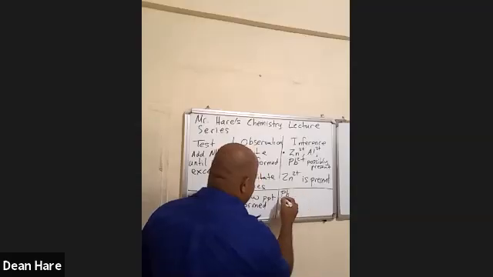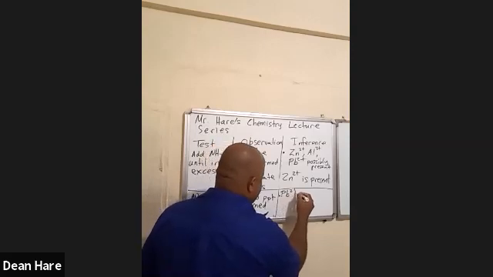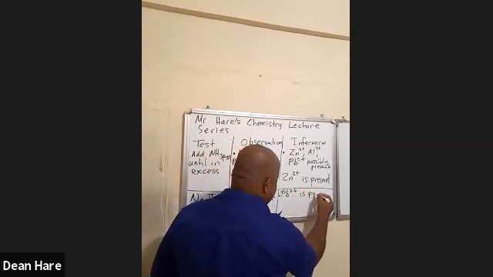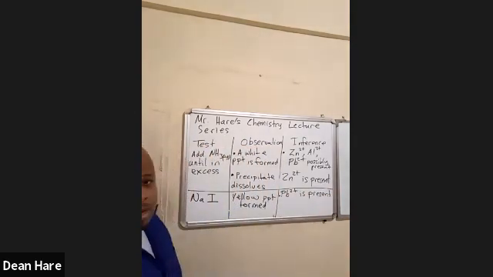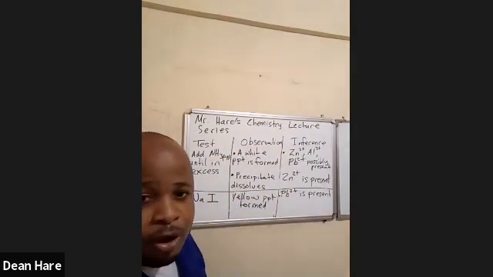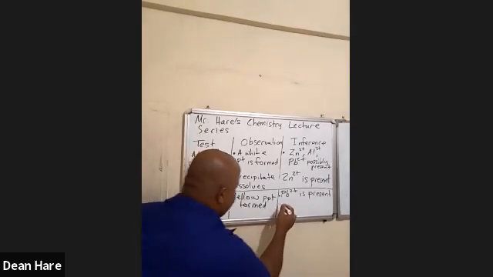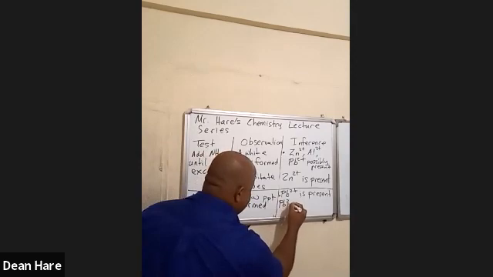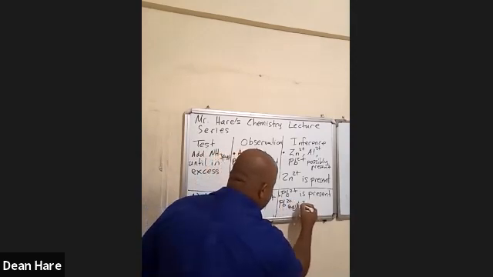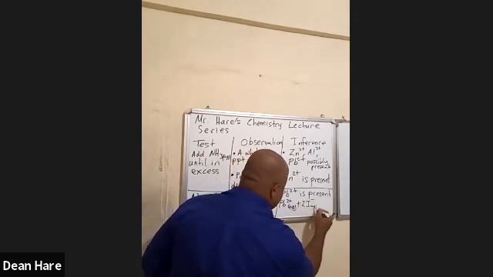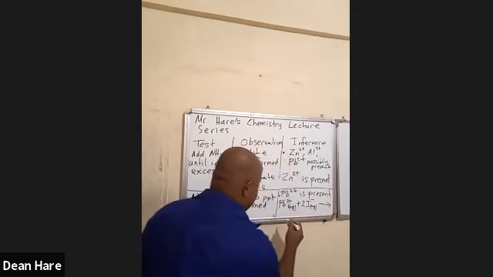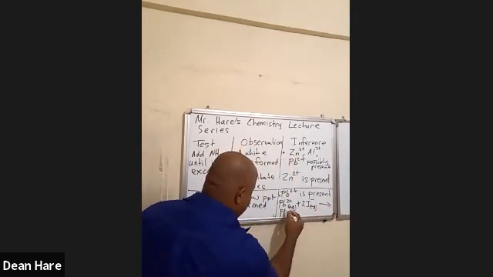So Pb2+ is present, and that's 1 mark. They could have asked you for a balanced equation. If they asked you for an equation, it would be, as I said before, Pb2+ + 2I- to produce PbI2.